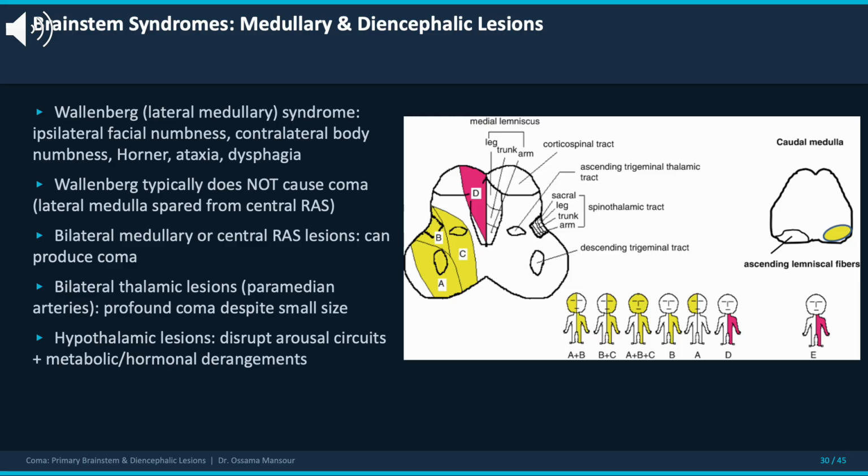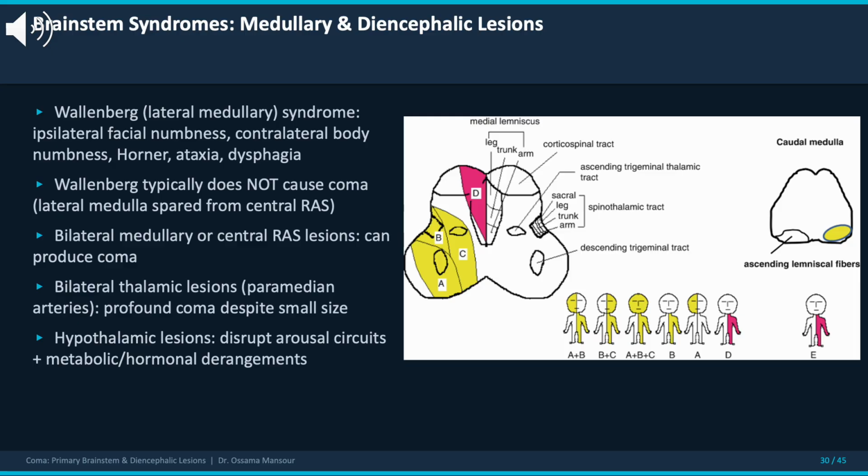The classic medullary syndrome is Wallenberg syndrome or lateral medullary syndrome, produced by infarction in the territory of the posterior inferior cerebellar artery or the vertebral artery. This syndrome produces a characteristic constellation including ipsilateral facial numbness, contralateral body numbness, ipsilateral Horner syndrome with ptosis and miosis, ipsilateral limb ataxia, dysphagia, and hoarseness.